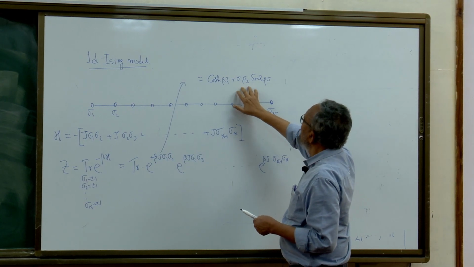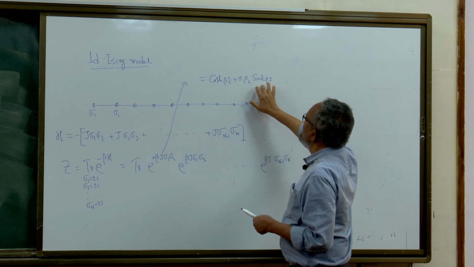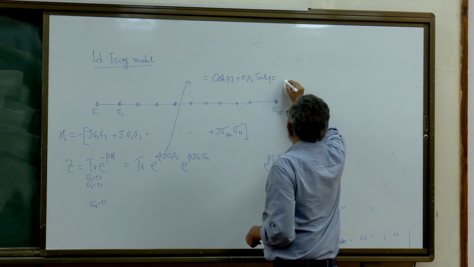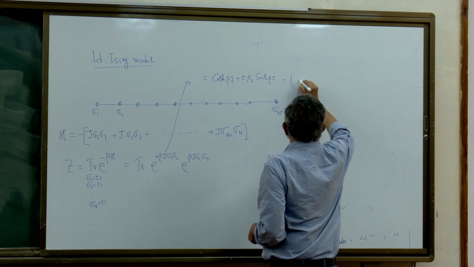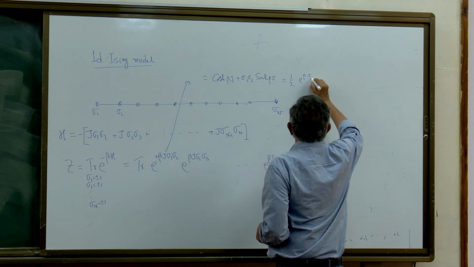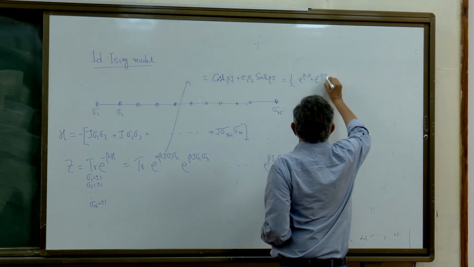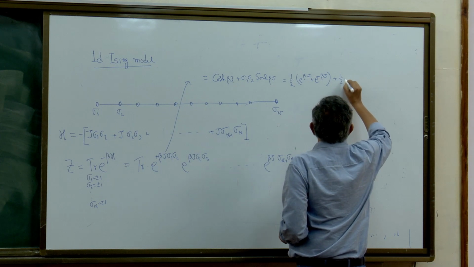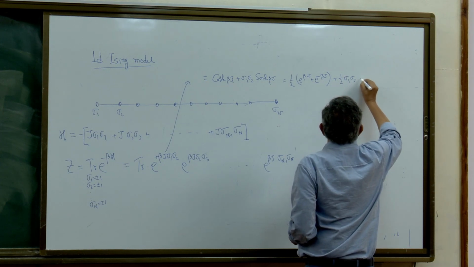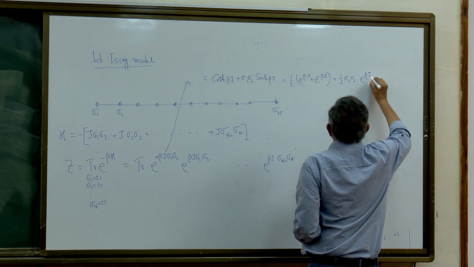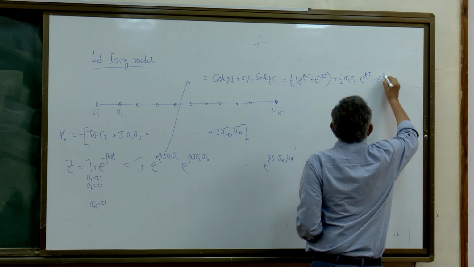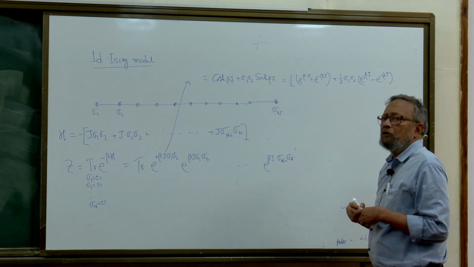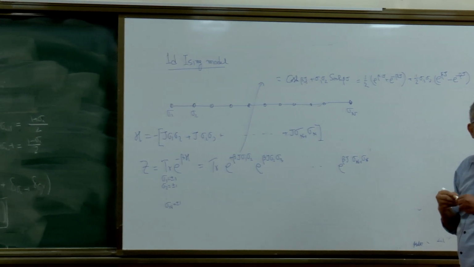If it is plus 1, then the positive exponential comes into the picture. I'm just writing out the explicit hyperbolic cosine and hyperbolic sine.